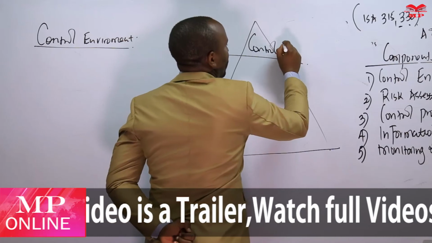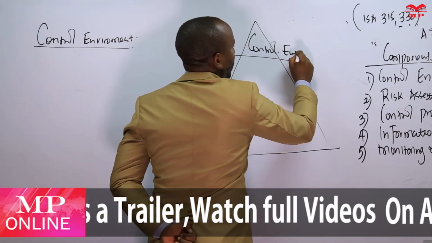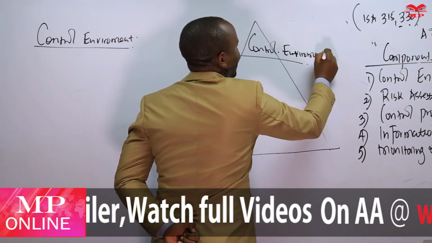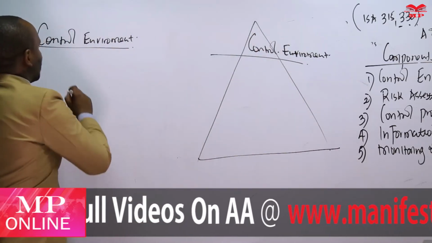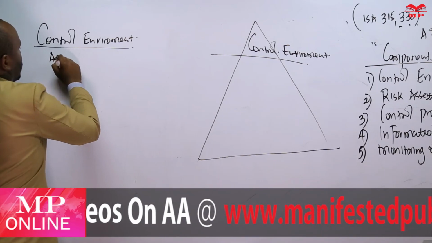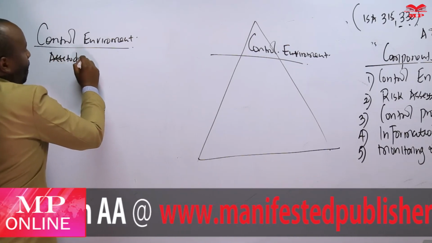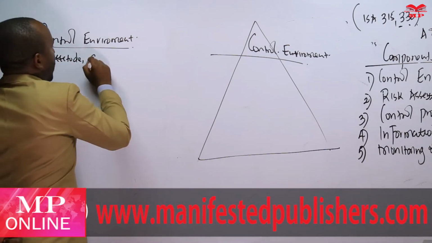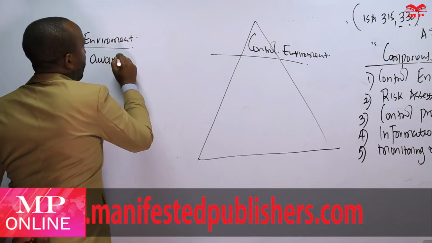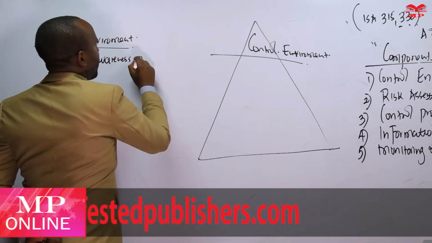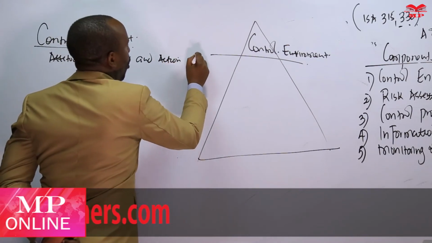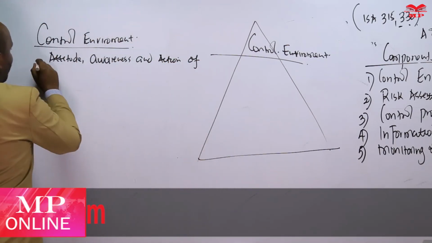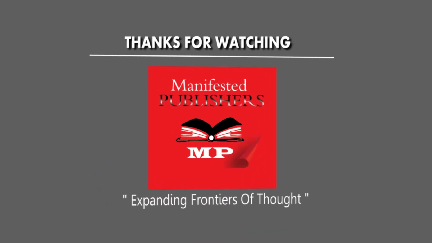Enough idea of what controls are in the organization. So control environment is about the top management. And this one we say it means the attitude, the awareness, the actions of those charged with governance.